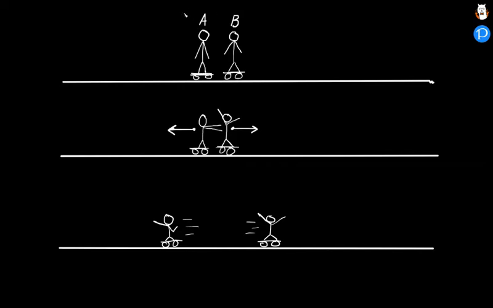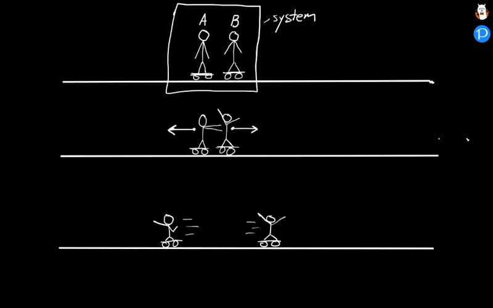So now let's think about this for a second. Let's say we define this system as both A and B. That's our system. At the beginning, they're both just standing there at rest, which means they both have no momentum, right?